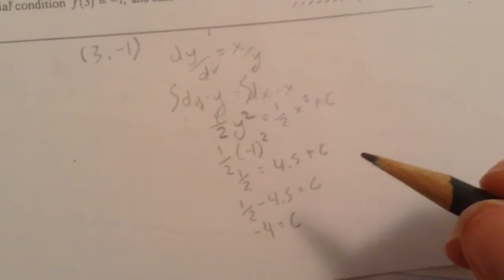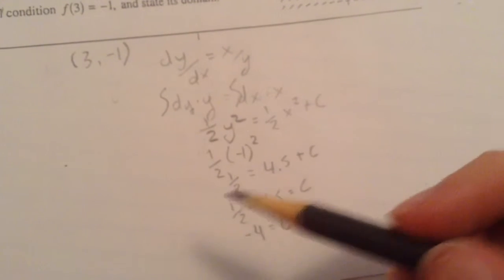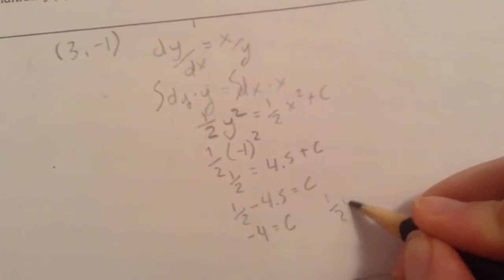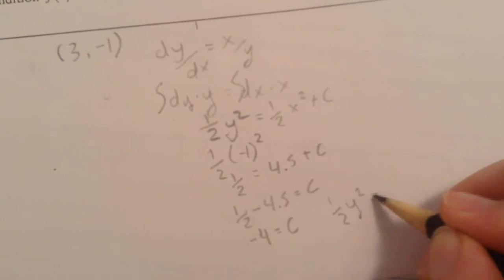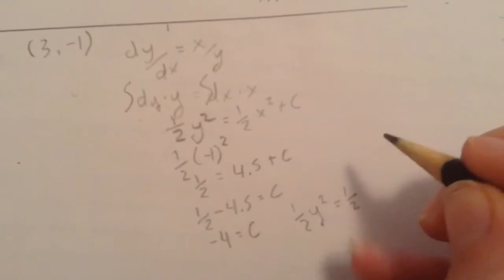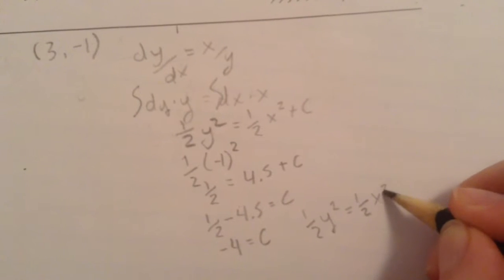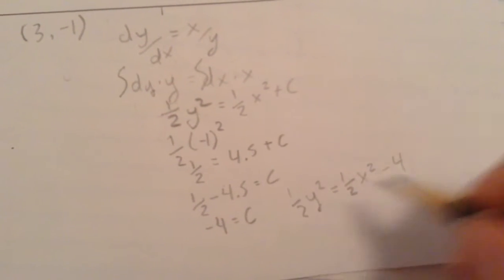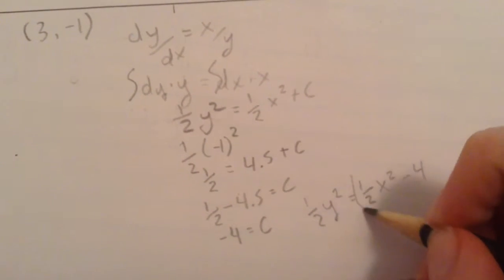We plug this back into the original integrated equation that we got to get 1/2 y squared equals 1/2 x squared minus 4. Now we can multiply both sides by 2.